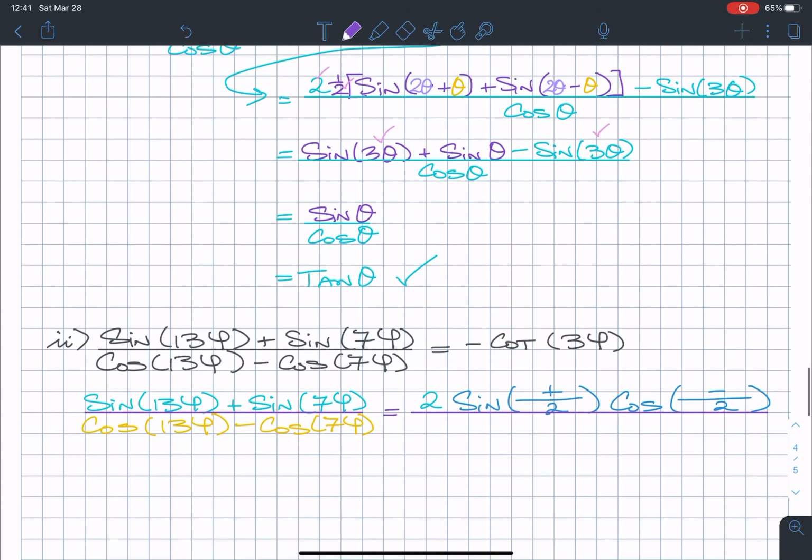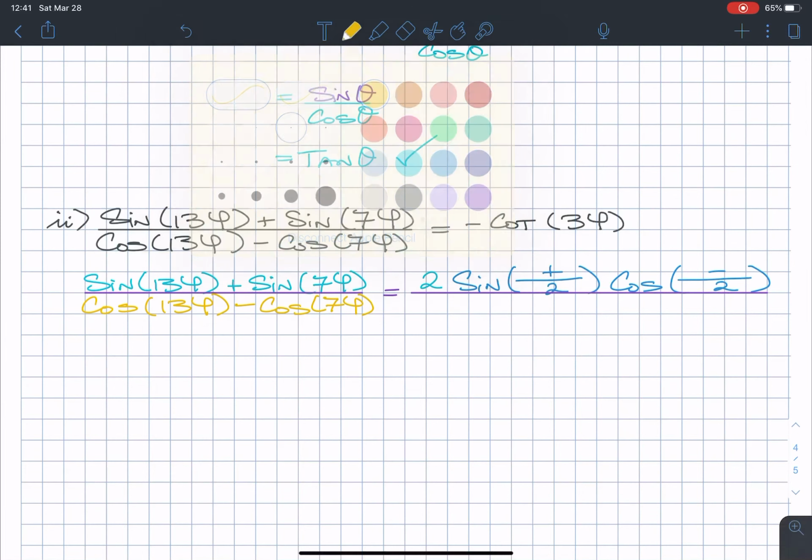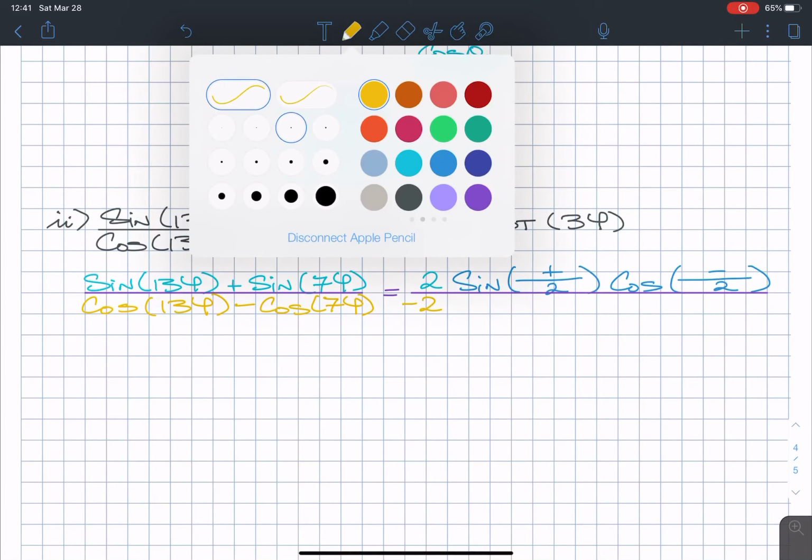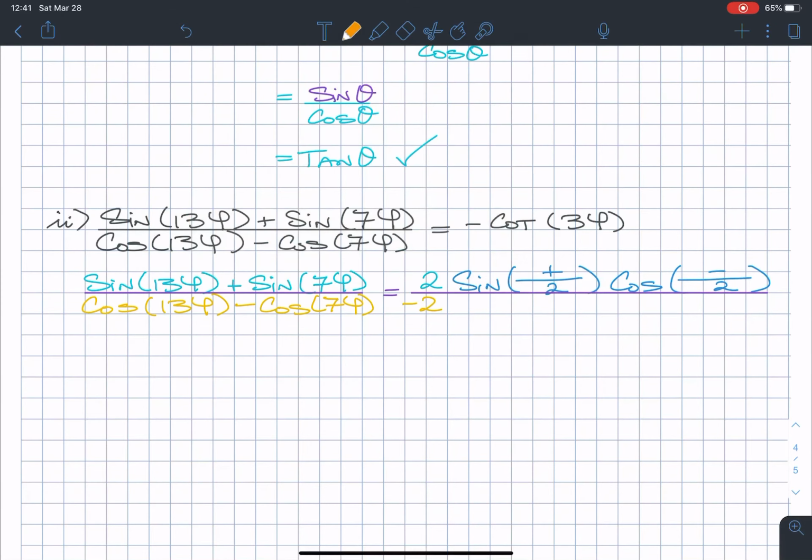So in the denominator, I'll have -2 times sine of the sum over 2, sine of the difference over 2.